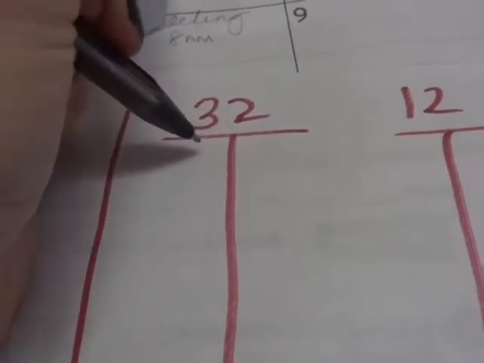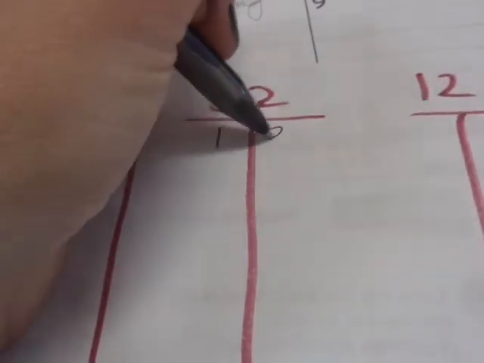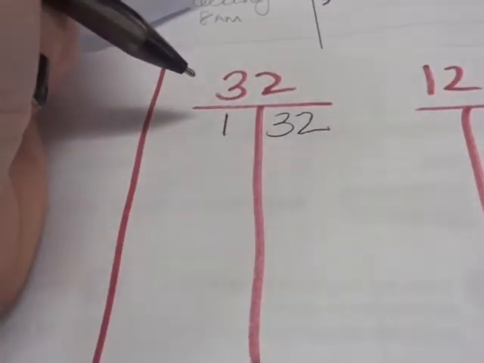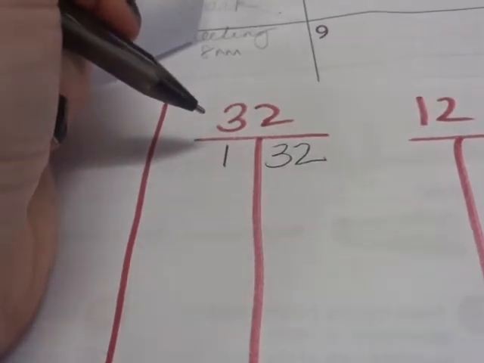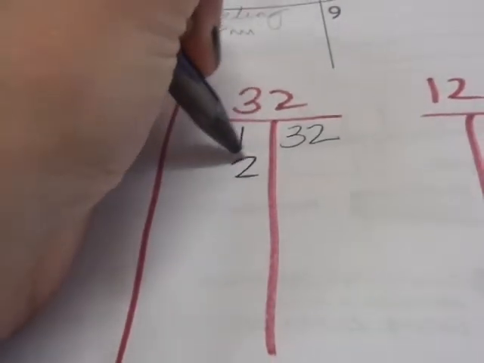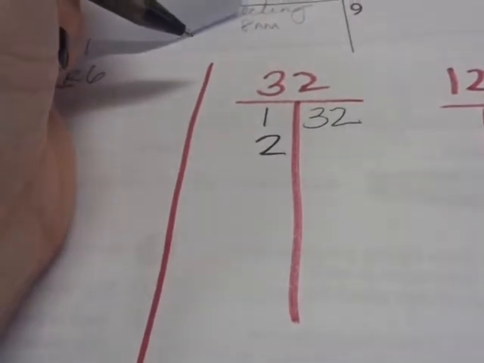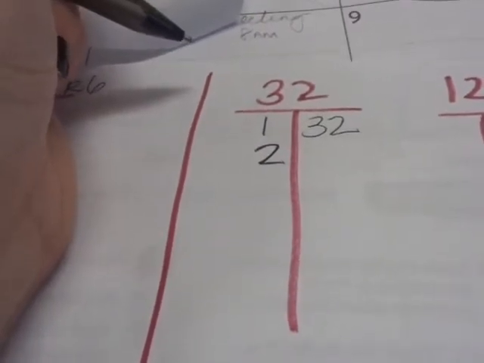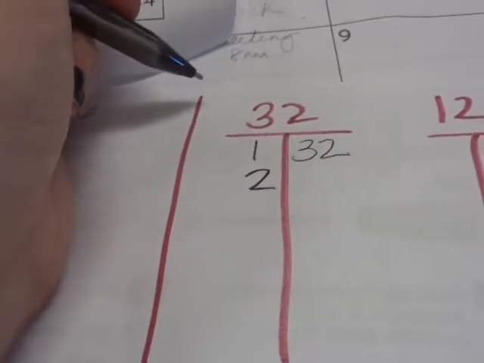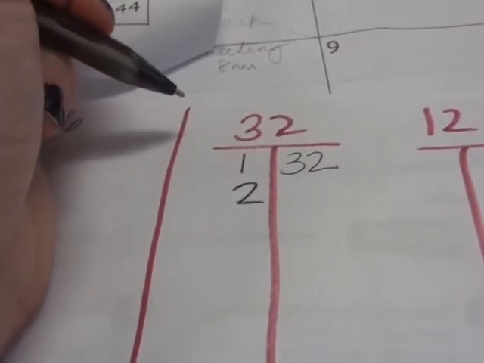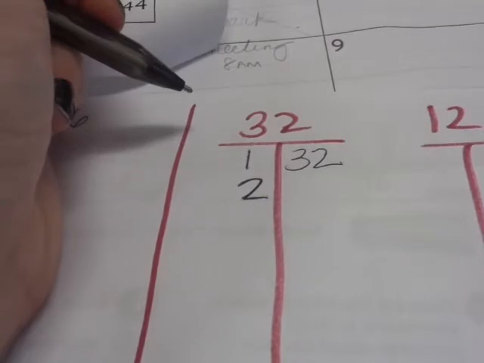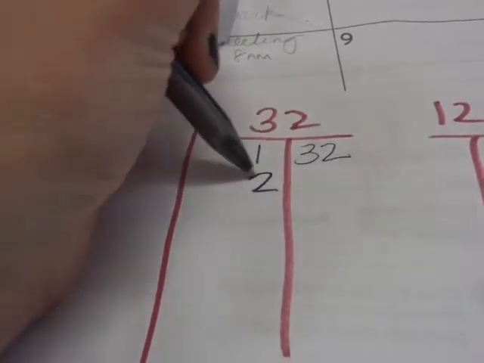Okay, so let's start off with 1 and 32. So, there's something times 2 that equals 32. So if you don't know, you have to do what's called a guess and check. So you just take factors and multiply them together, or you can continue to skip count by 2 after 12.